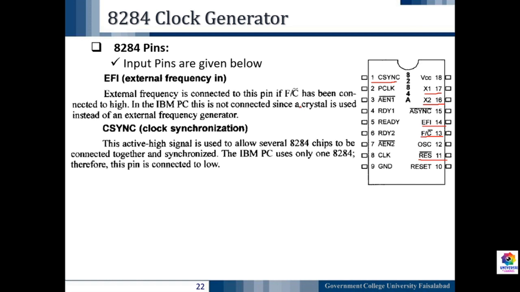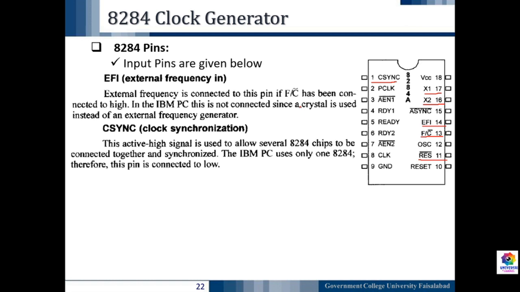The IBM PC uses only one 8284, therefore this pin is connected to low. So pin number 1, the clock synchronization pin, is the pin responsible for communicating and synchronizing with other 8284 chips if applicable.